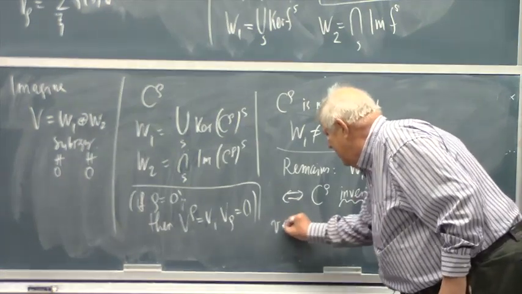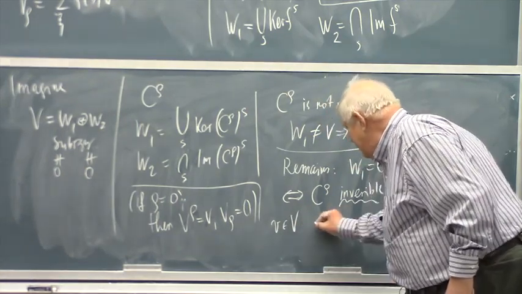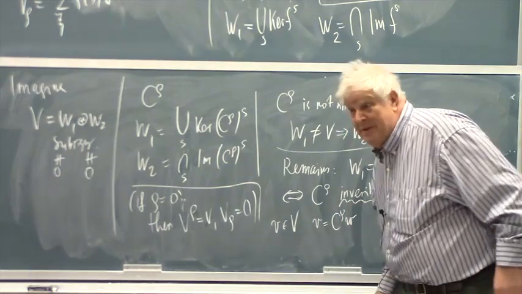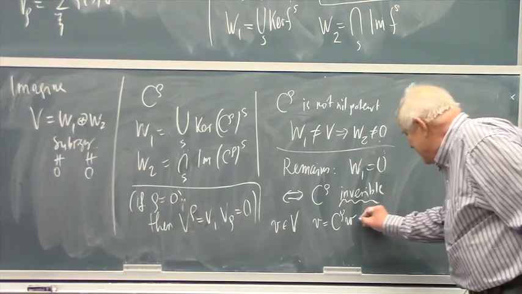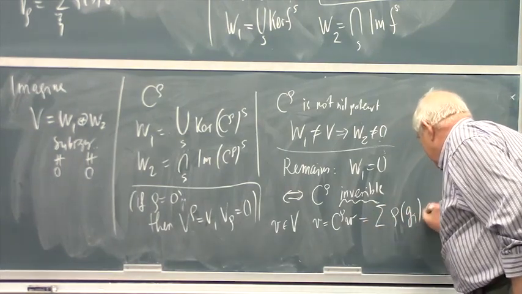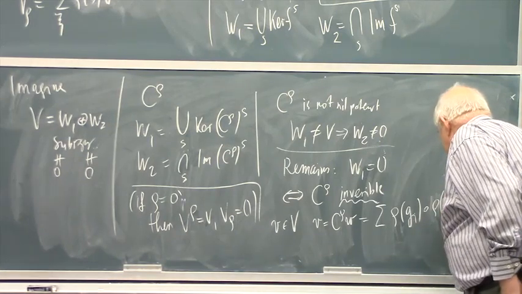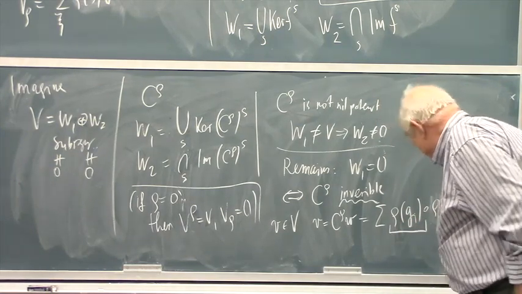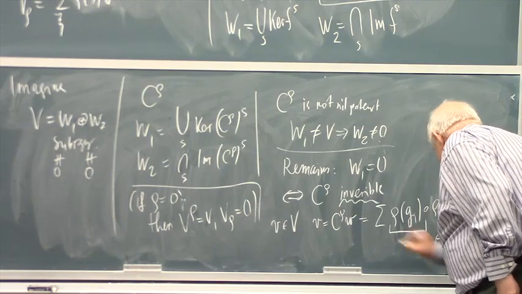Take any V. Then V is rho of some W, because rho is invertible, right? This is what? This is the sum rho of Gi W. But this thing shows that this is in V sub rho.